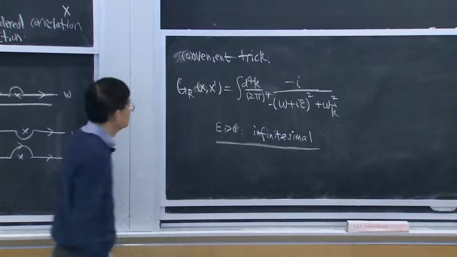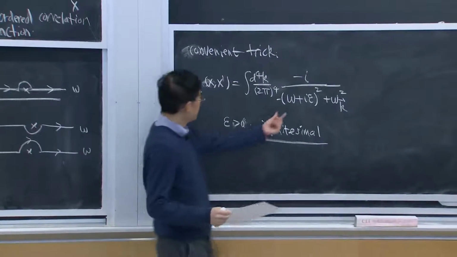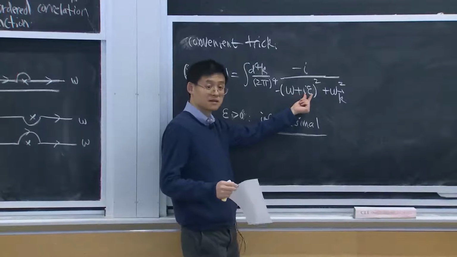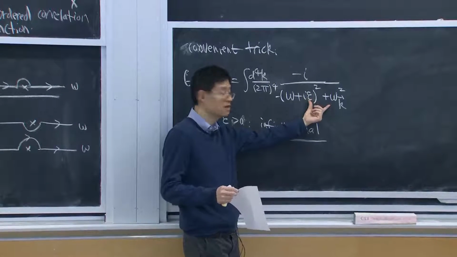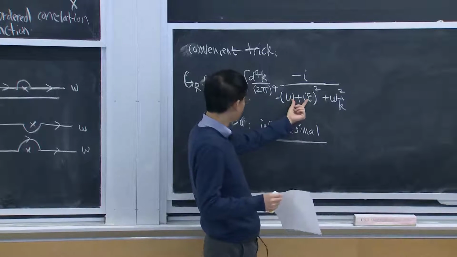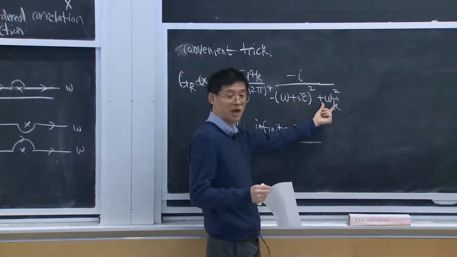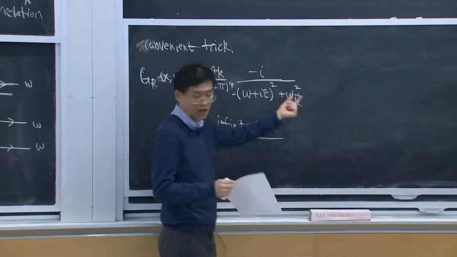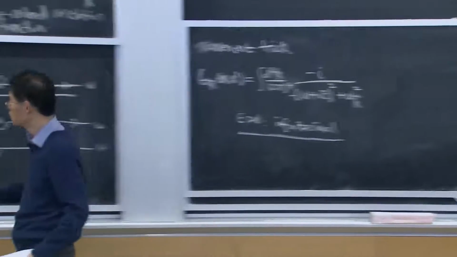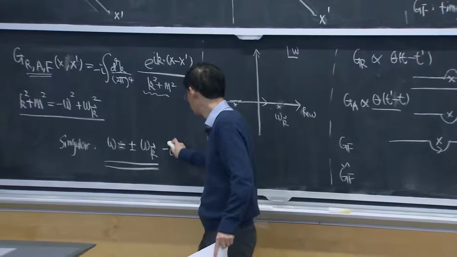Okay? So you see, by adding such a tiny piece, when you solve for the singularity, it is now omega plus i epsilon equal to plus or minus omega_k. And then when you move the epsilon to the other side, the solution becomes minus i epsilon.